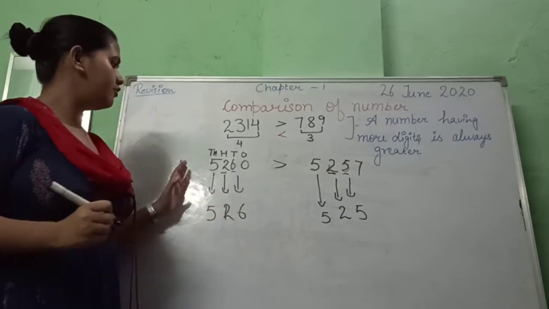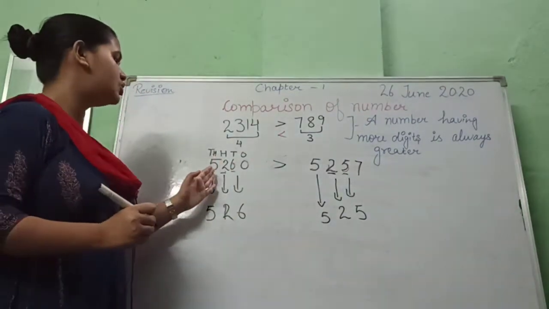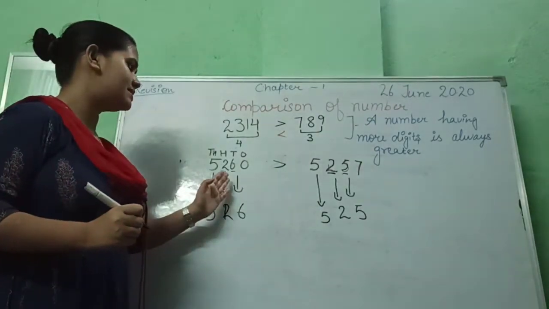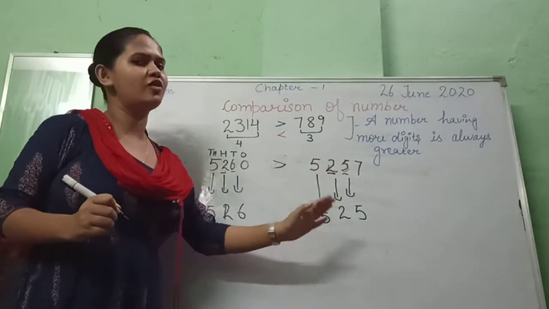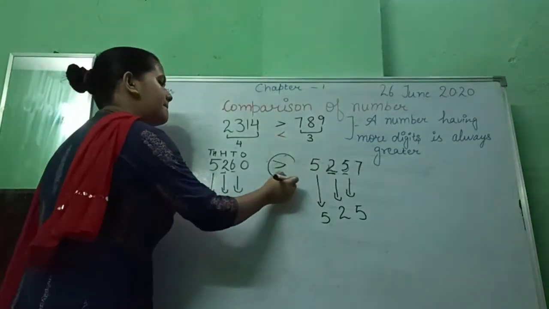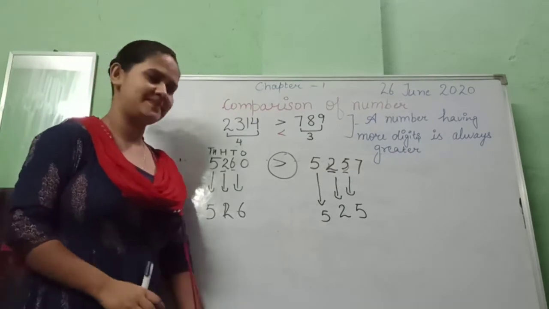When we compare 1000 to 1000, if it is the same, then come to hundreds. If hundreds are the same, go to tens. If the tens are the same, then go to ones and you will get your answer of which one is bigger. So in this way you will find your answer, which means comparison of numbers.